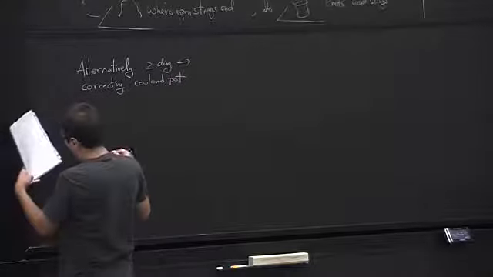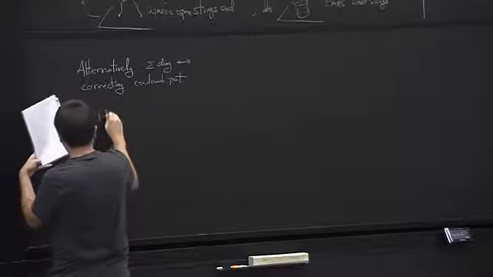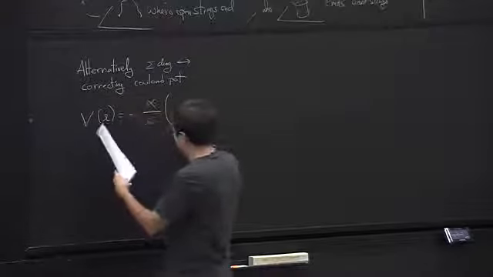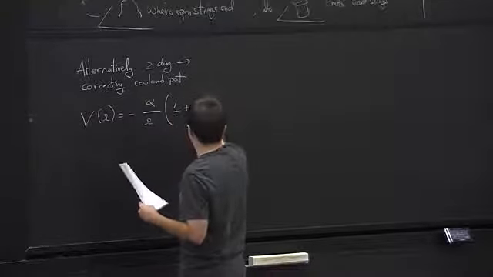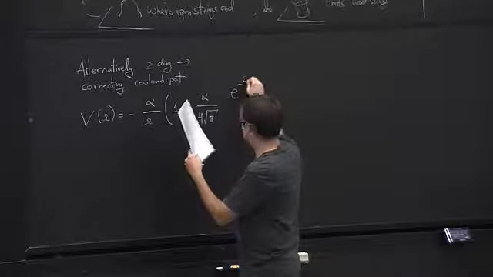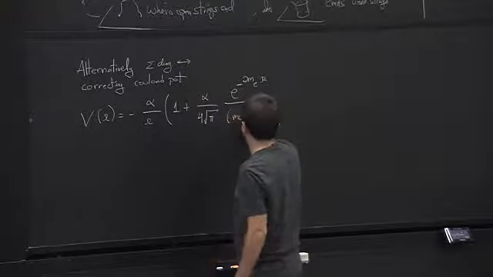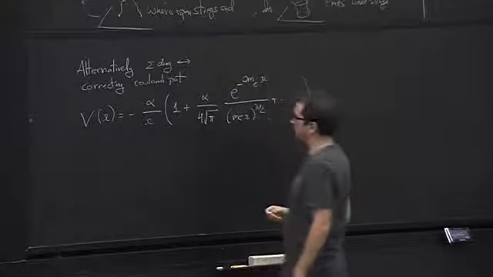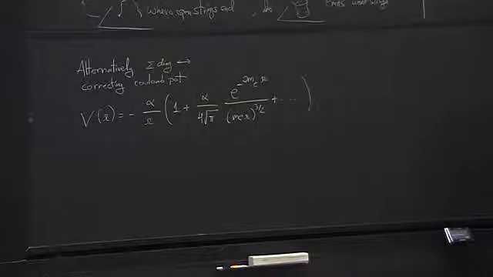That gets corrected, and it's called something like the Uehling potential, the one which is corrected, which is just the Coulomb potential. And then you start correcting, and you get some terms, e to the minus 2 times the mass of the electron times the distance, over the mass of the electron to the 3/2, plus... very good.